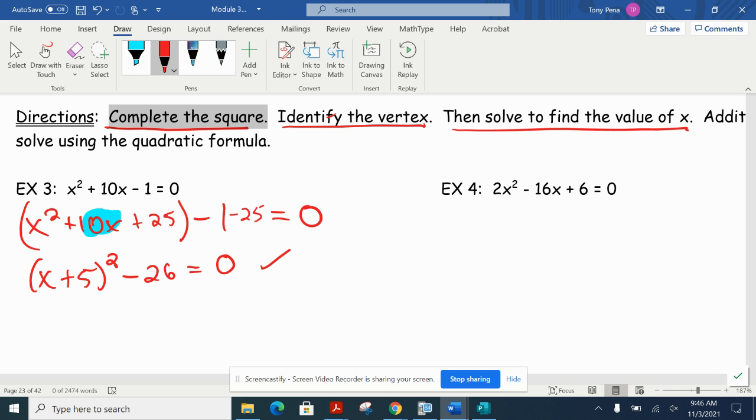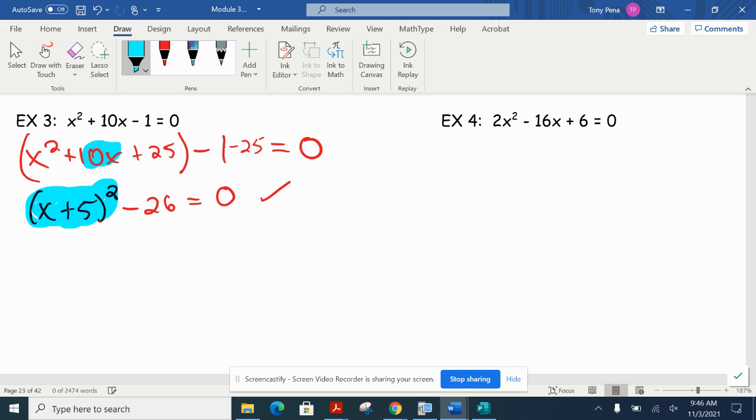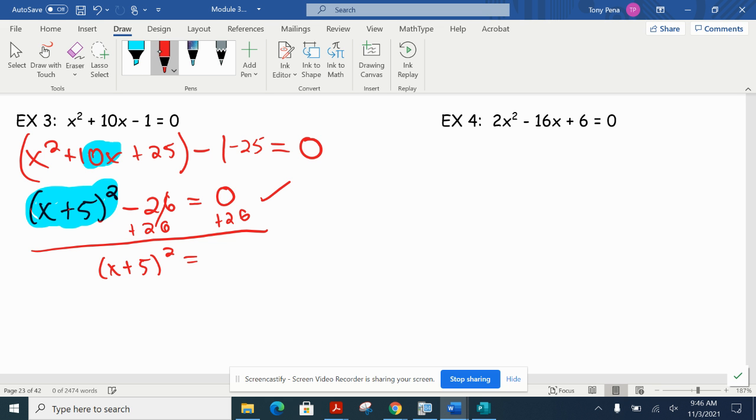If I ask you to solve that, remember our steps. I always wanted you to isolate the square term. We want to get this guy all by itself. So in order for us to do that, we would now want to add the 26 over, so that I get x plus 5 squared equals a positive 26.